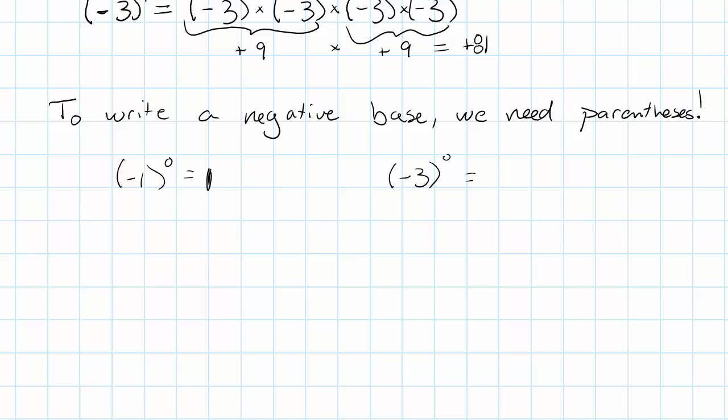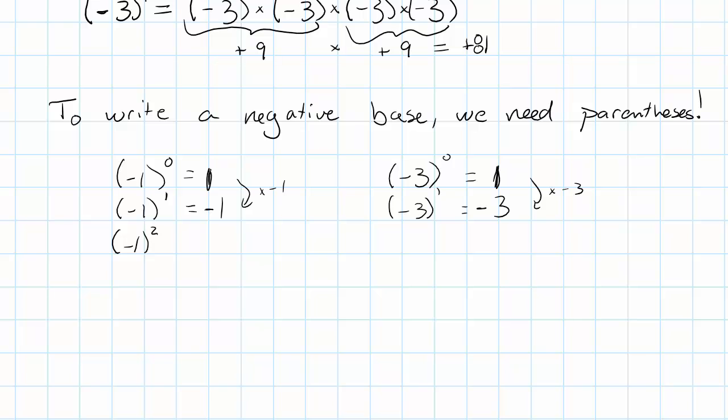Negative 3 to the 0th power, likewise, 1. Negative 1 to the 1st power, well, I multiply by negative 1, I get negative 1. Negative 3 to the 1st power, similarly, multiply by negative 3, we get negative 3.